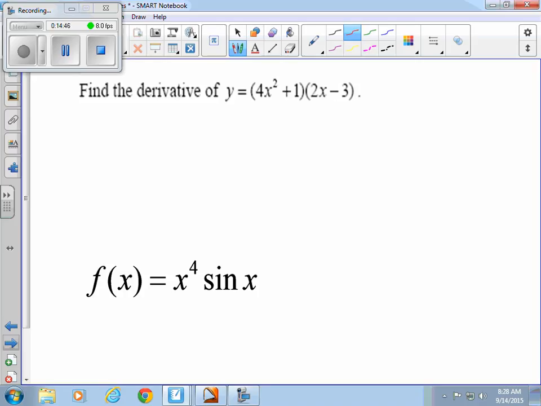I'm going to work it using the product rule, and I'm going to work it using the power rule. We need to learn the product rule for when we have to use it. And I'm going to show you that you do get the same thing.